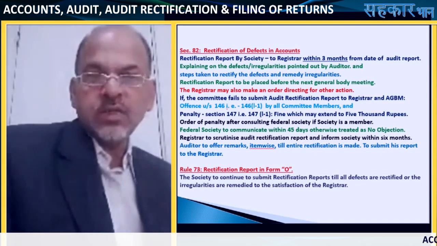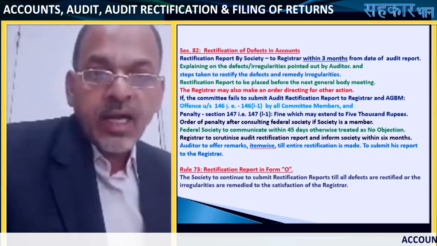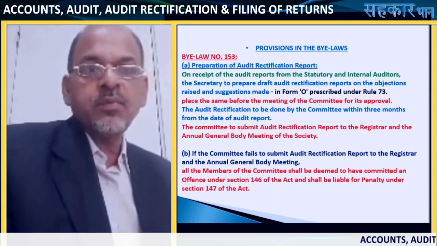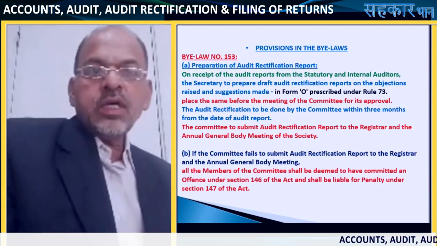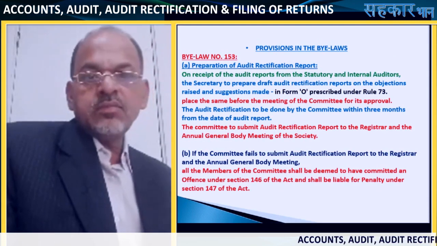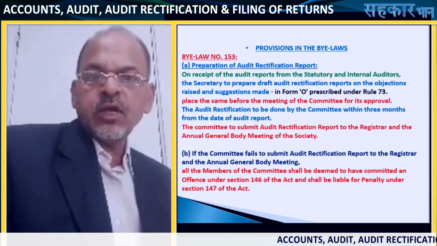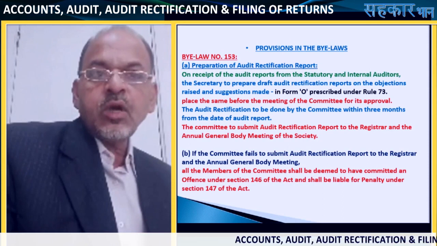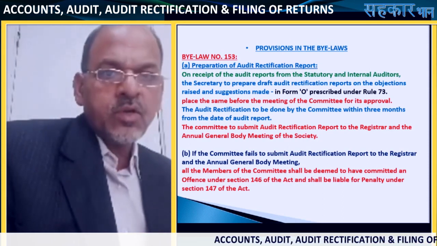Now, what are the provisions under the bylaws with respect to the audit rectification report? Under bylaw number 153A, there is a provision for preparation of the audit rectification report. So what are these provisions?